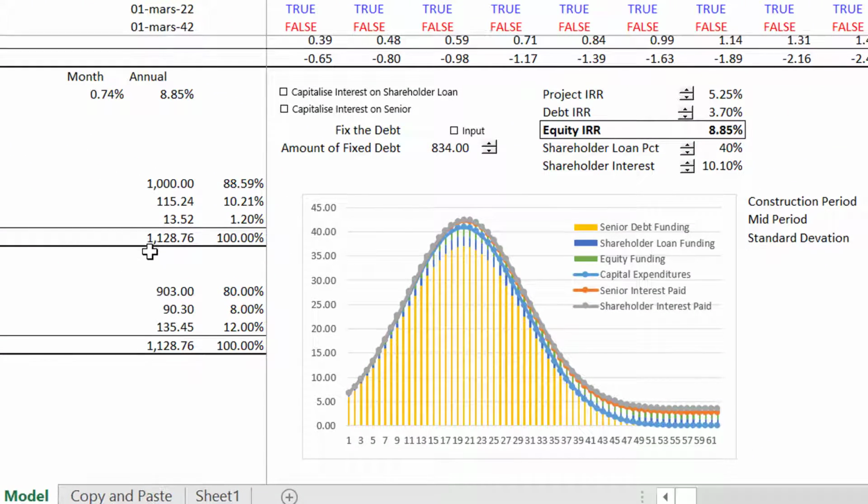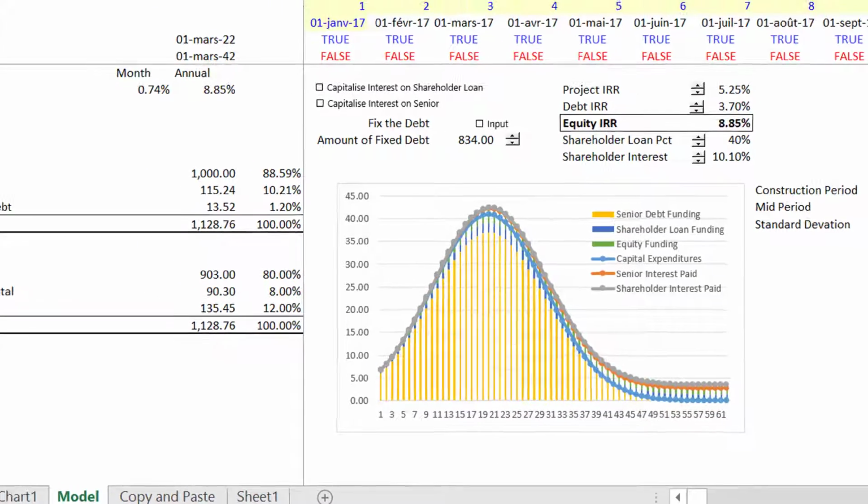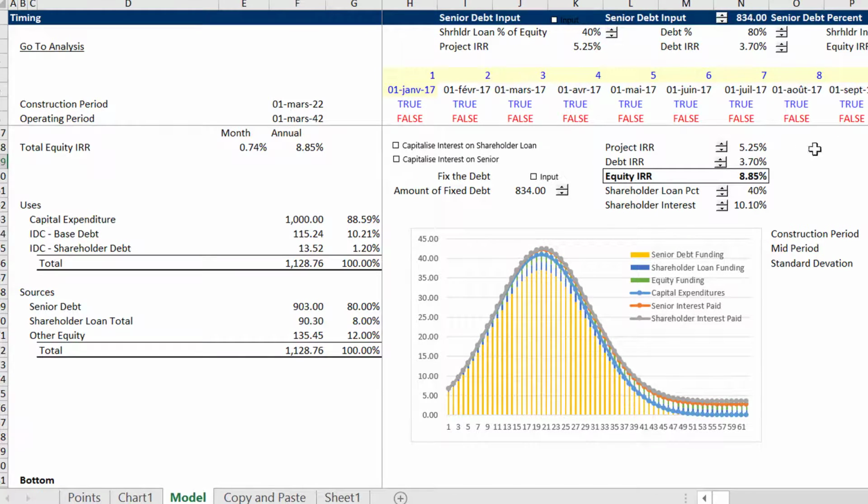I've heard people, oh, I'm capitalizing interest, as if that's something fancy. If you don't capitalize interest, you just capitalize it anyway, because you pay the interest to the bank and re-borrow the money. And at the end of the day, you have the same kind of debt to capital structure anyway, which is what I'm going to show you.